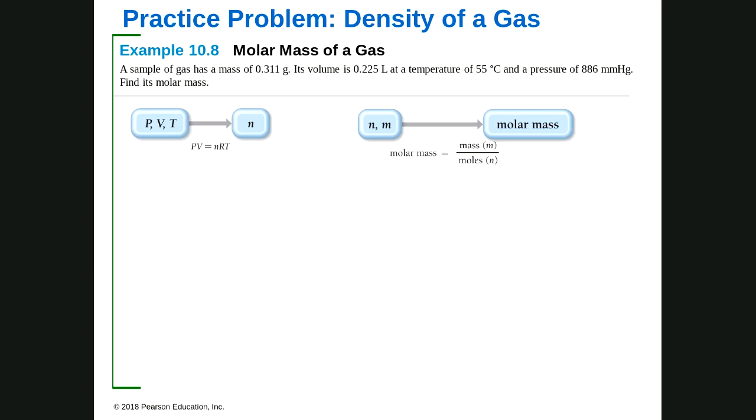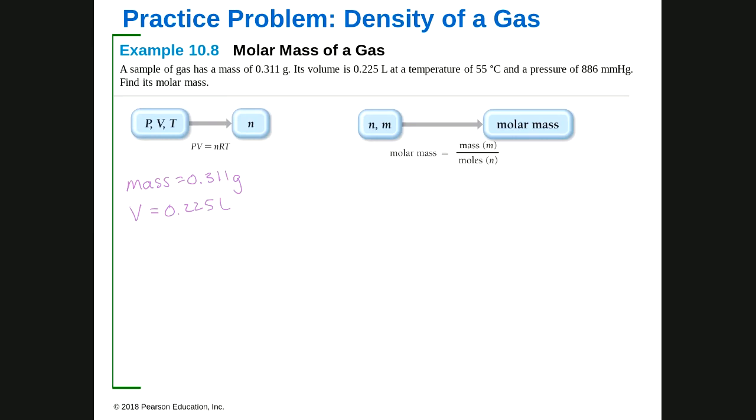But you have a sample of gas, and it has a mass of 0.311 grams. I know that because I measured that in the lab. I measured 0.311 grams. I can't measure moles, right? I only can do grams. And it has a volume of 0.225.